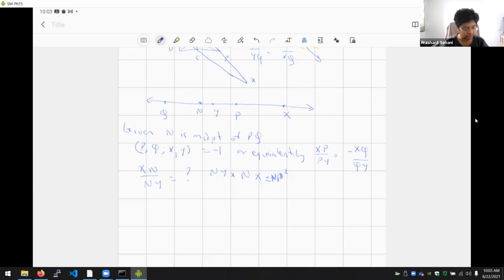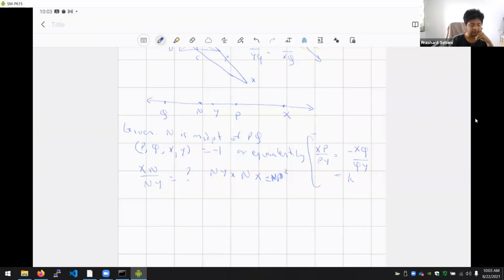So I only want to keep the least number of variables, which is enough to describe the whole diagram uniquely, because I am not interested in anything else. So, for example, here one variable, which I think is XP upon PY. Whatever this ratio is, let me call this ratio k. XP upon PY equal to XQ upon QY.